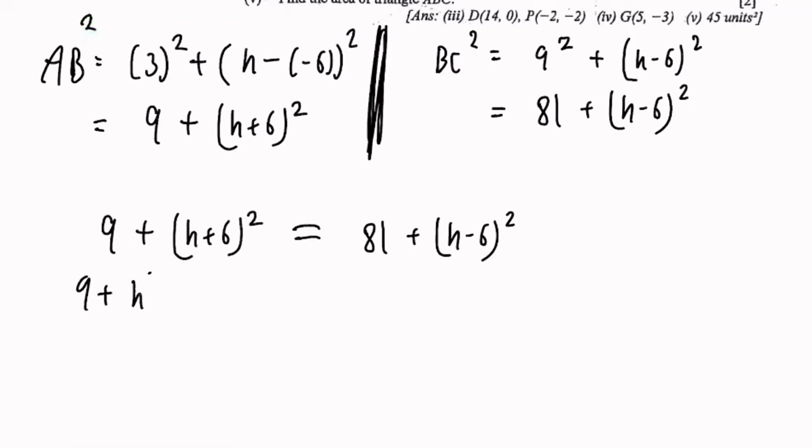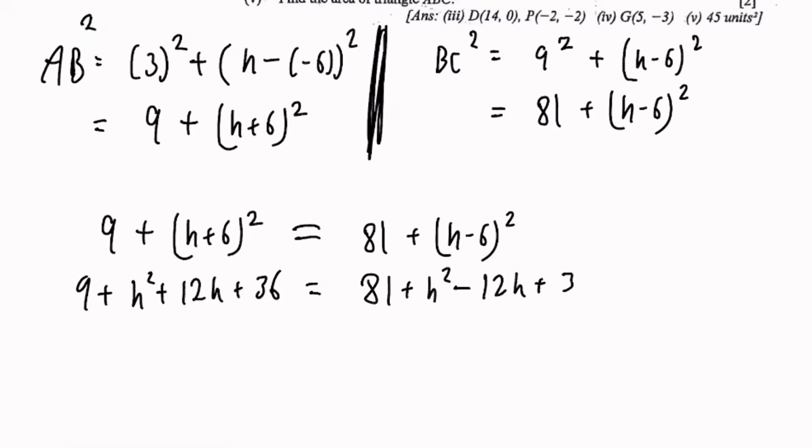So 9 plus h square plus 2 times h times 6, which is 12h, plus 36, equals 81 plus h square minus 12h plus 36. Is this part okay? Good. Simplify. Coincidentally, h square cancels away. 12h minus 12h, do they cancel? No, be careful.